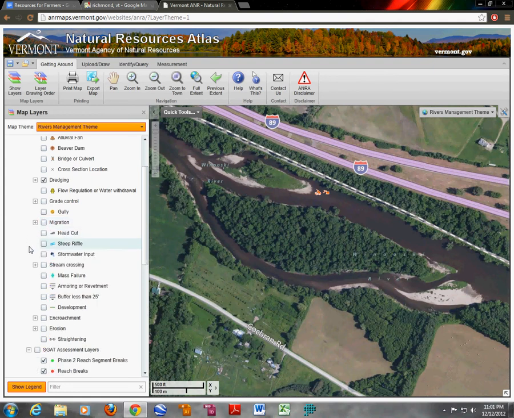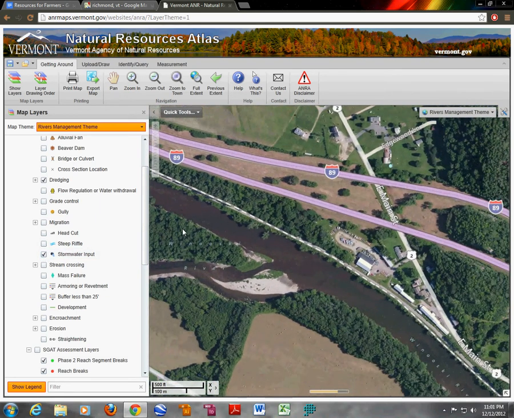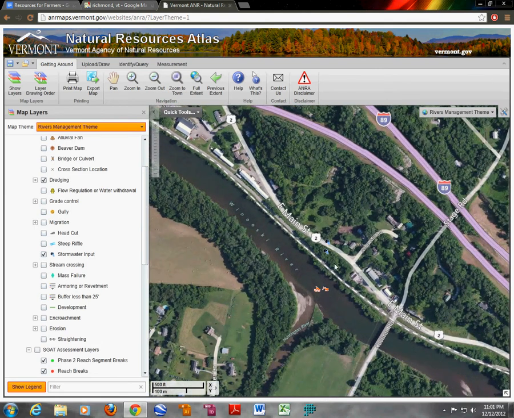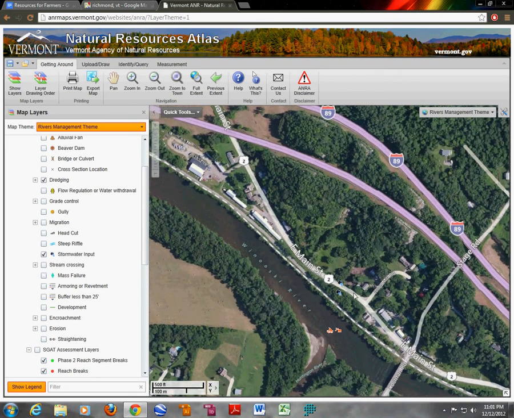Next probably would be stormwater input. This is very important. I know there's a couple over here. Here's two actually. And stormwater input are inputs from drainage systems that collect rain and stormwater from all of the impermeable surfaces around.